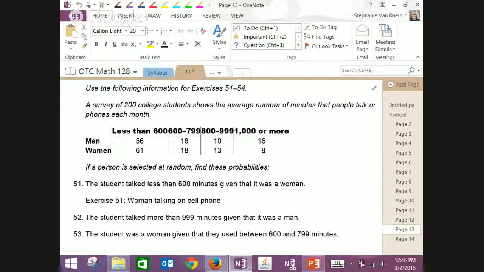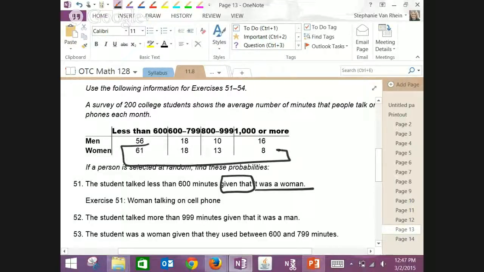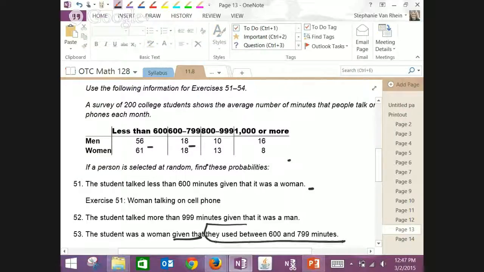What's the probability they talk less than 600 minutes? That's a conditional probability. So the "given that" is just going to be our denominator, basically. The "given that" is your denominator, and it's the total of whatever category it is. So it could say, given that they used between 600 and 799 minutes, what's the probability it was a woman?